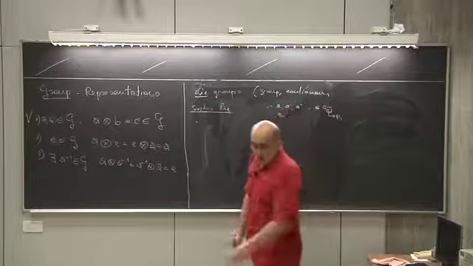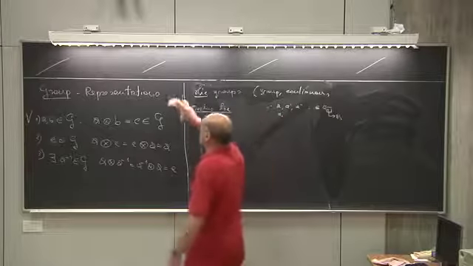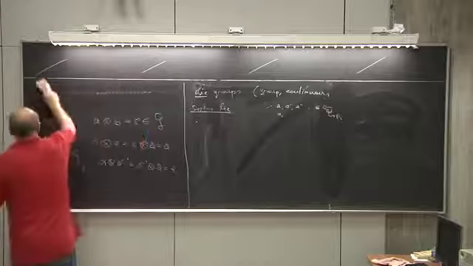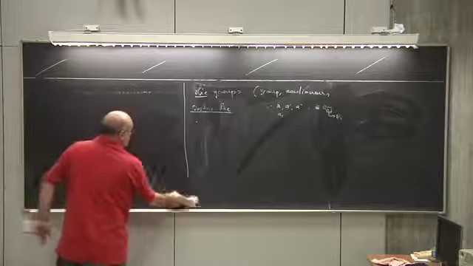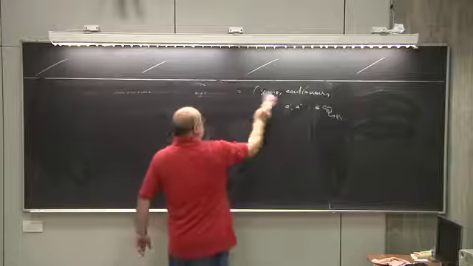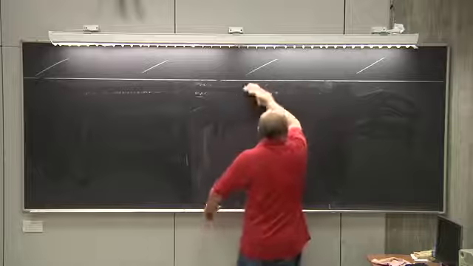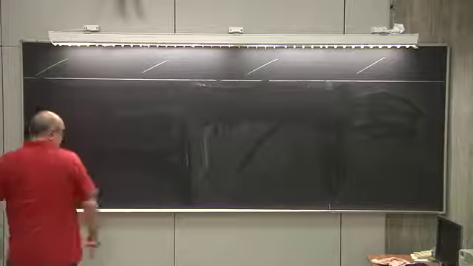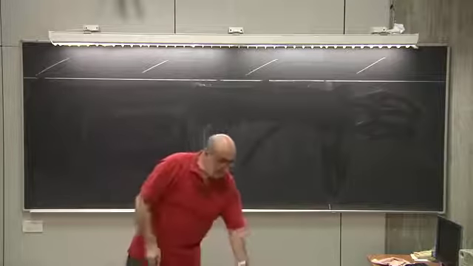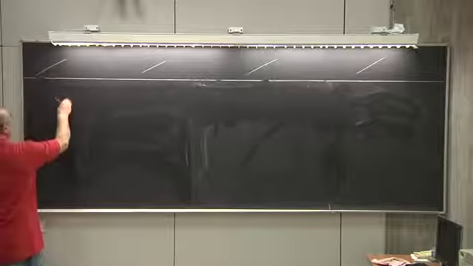Okay. Now let's do an example, one that you have already done in quantum mechanics and in classical mechanics, that is the rotation. Let's see it in three-dimensional Euclidean space, labeled by x, y, z.